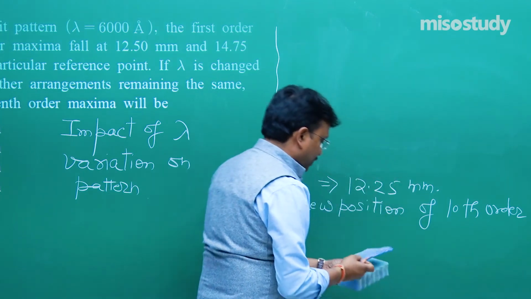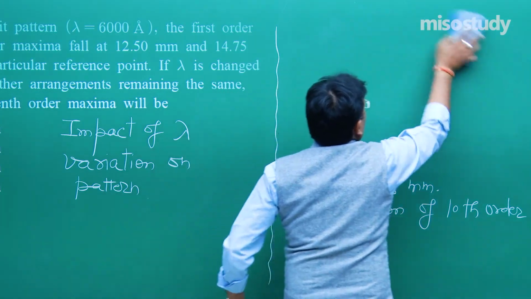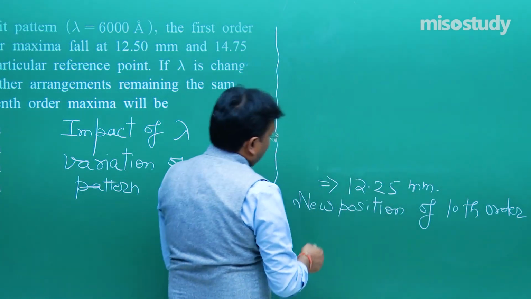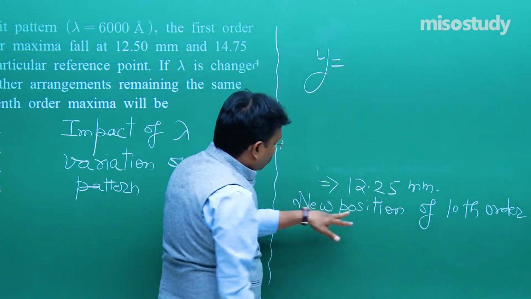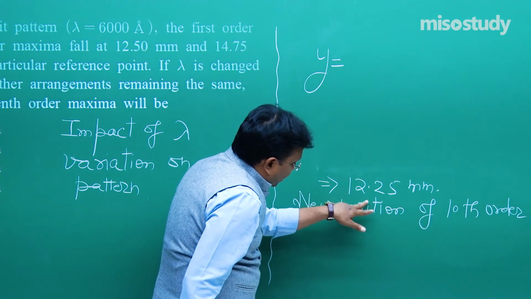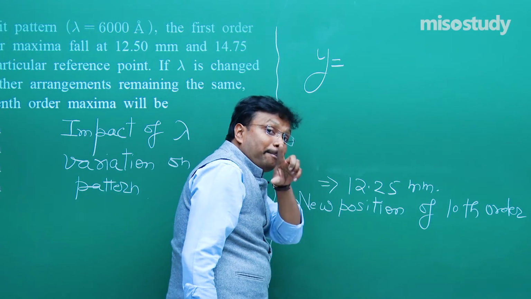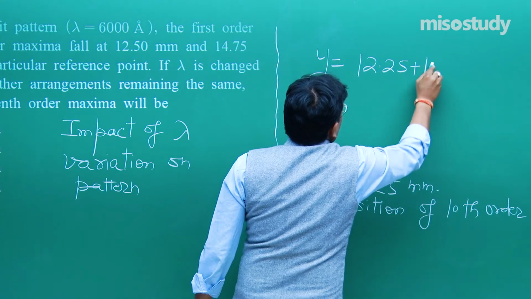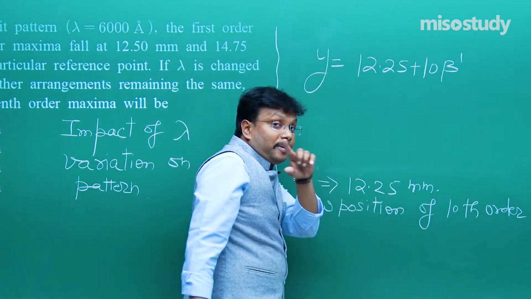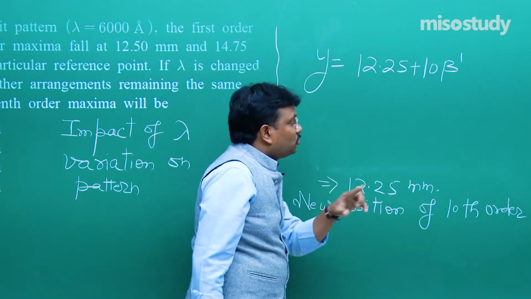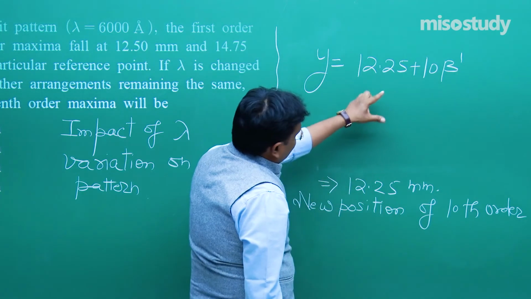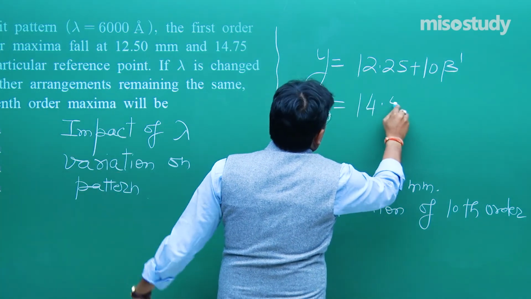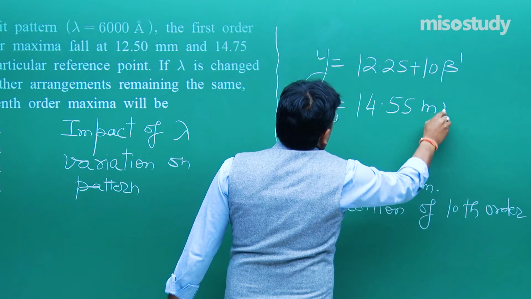New position of 10th order is y equal to 12.25 plus 10 beta prime. And what is the value of beta prime we calculated? That was 0.23. Ultimately, when you multiply it and add it, you will get 14.55 mm.